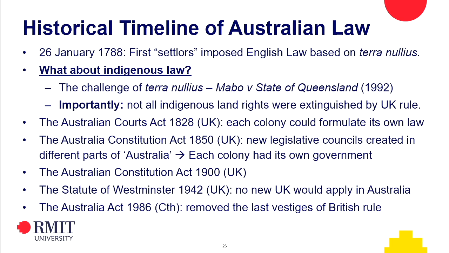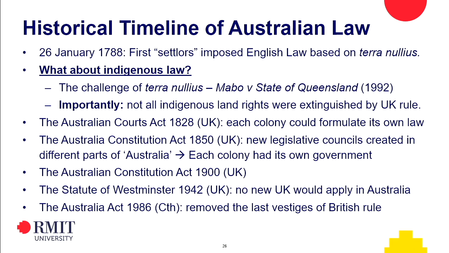Now, it wasn't until the Constitution that Australia became its own federation. What's interesting, though, is the Constitution is actually an act of the UK, giving us the power to do what we do now. And then eventually we broke all ties in 1986. So it wasn't until 1986 that British law could still apply.